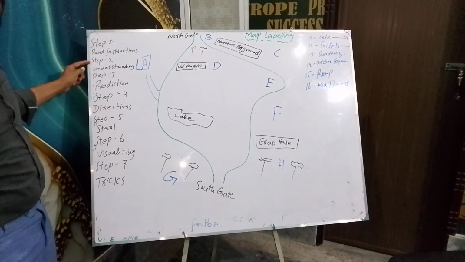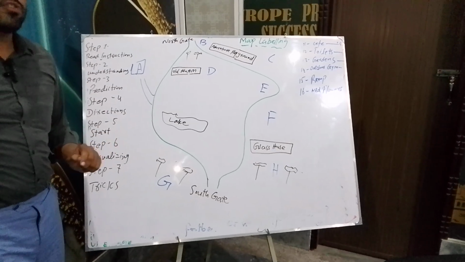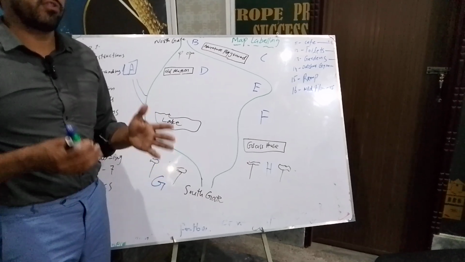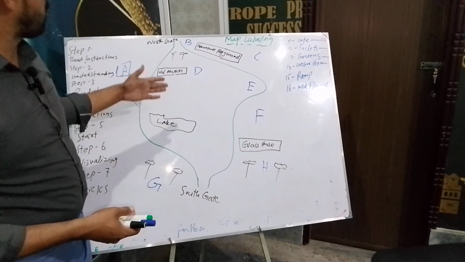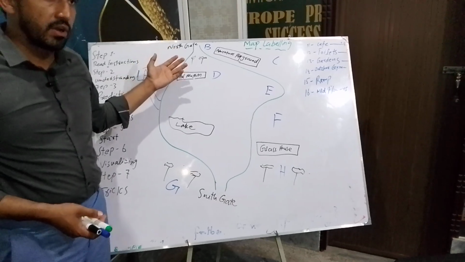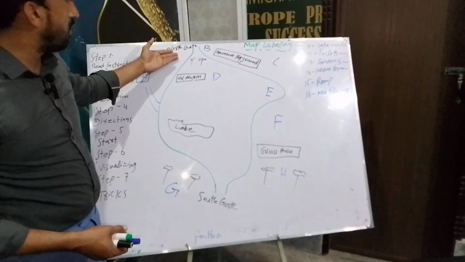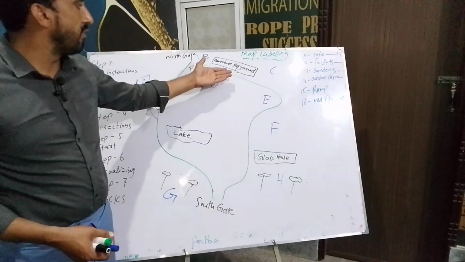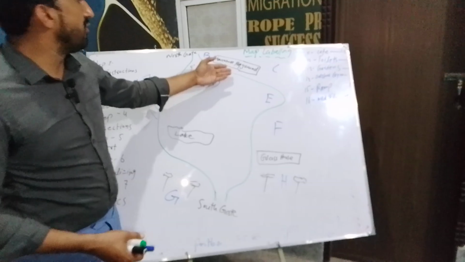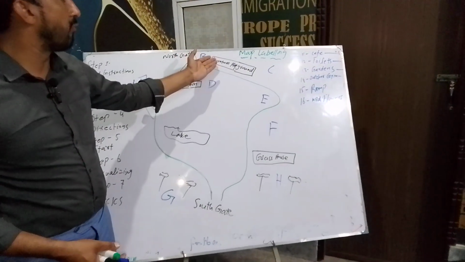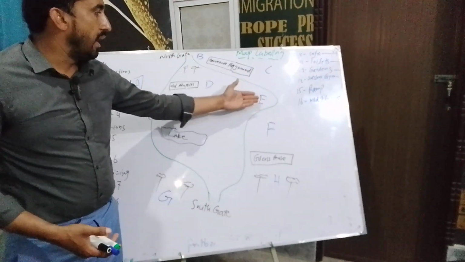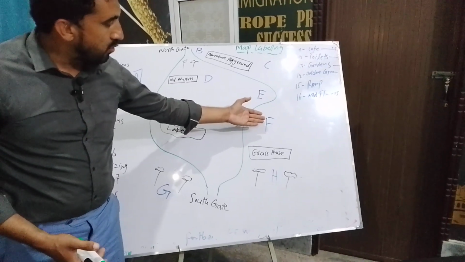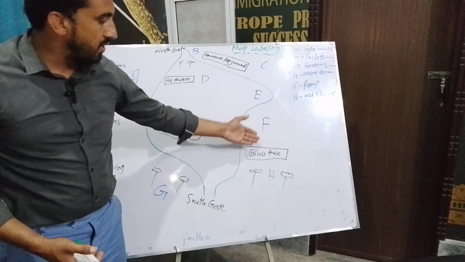Step number two, understanding. Understanding the map. You must understand the map, right? First of all, that's a map of a park. You must understand that there is a north gate, and after the north gate, there is an adventure ground, and then after the adventure ground, there is also a building. Before the adventure ground there is a curve, and before the curve, there is also a building. Then below this curve, there is also a building, and below the building there is a glass house.